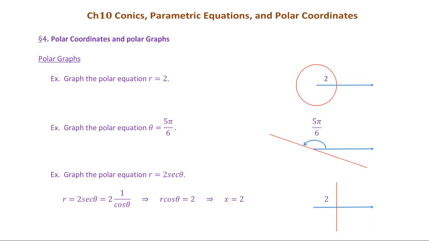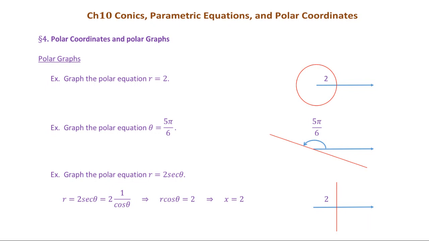So this polar equation r equal to 2 is actually all the points with the same distance 2 from the pole. That's just the circle with radius 2 centered at the pole, right? So you can see you can use a really easy way to describe a circle in polar coordinates.